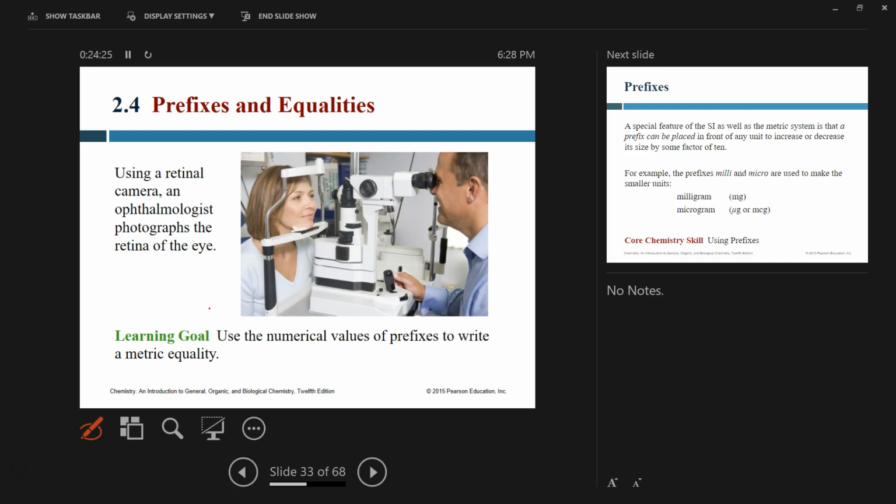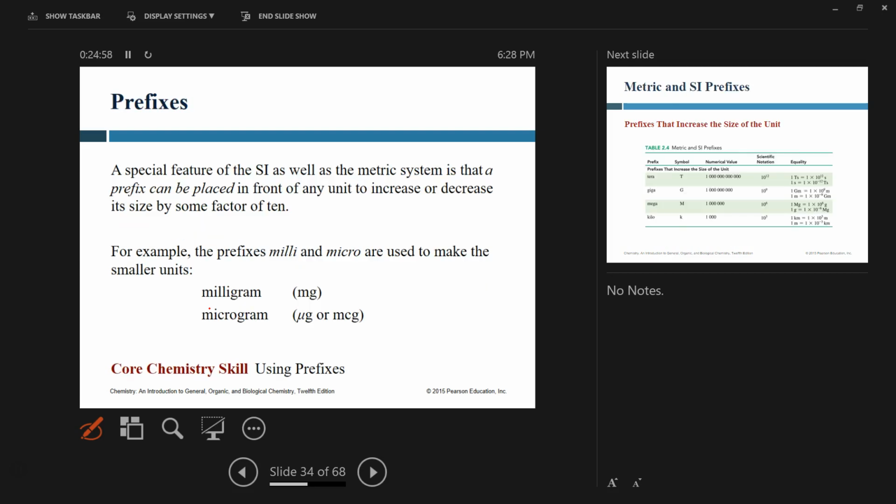Prefixes, equalities, and eventually we will get into the conversion factors. So that's the metric system. You need to be familiar with the use of prefixes, and you need to be able to figure out equalities such as 1 kilogram is equivalent to 1,000 grams. Okay? That make sense?